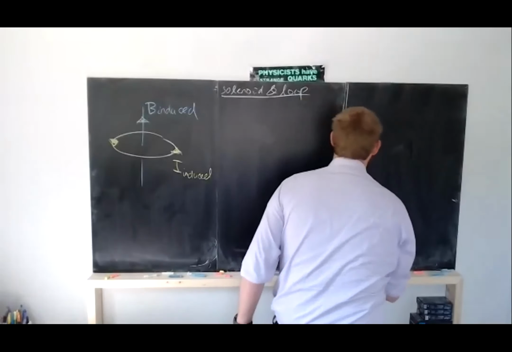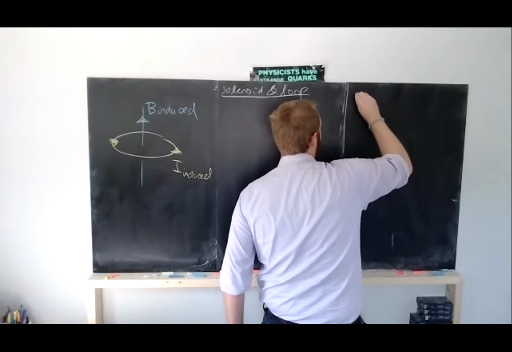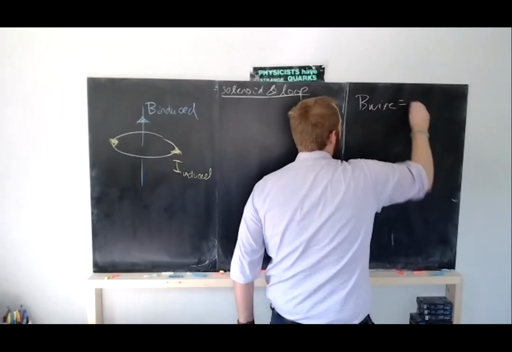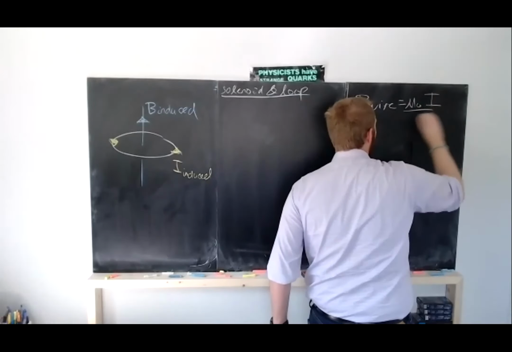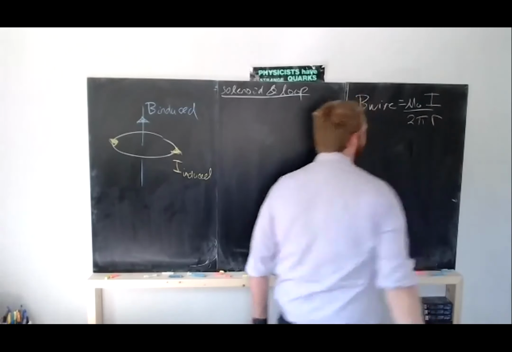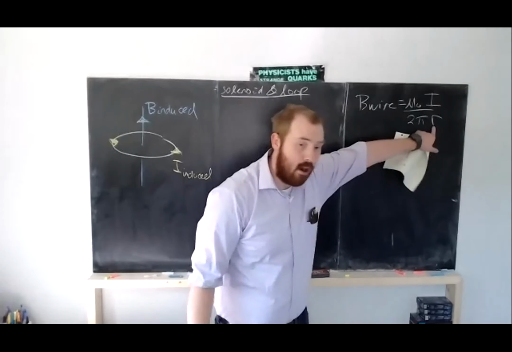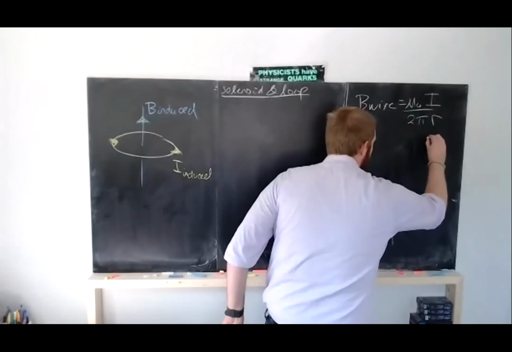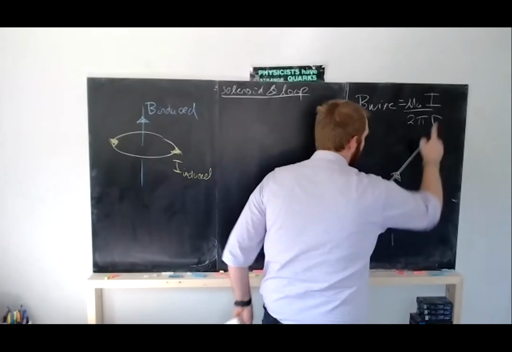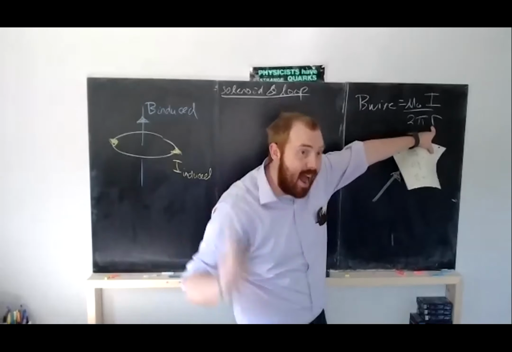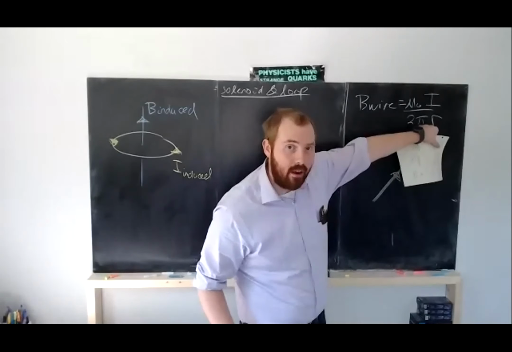Let's go one step back, all right? Magnetic field for a wire is mu naught I over 2 pi r, right? This is for a current carrying wire. R is not the radius of the wire.